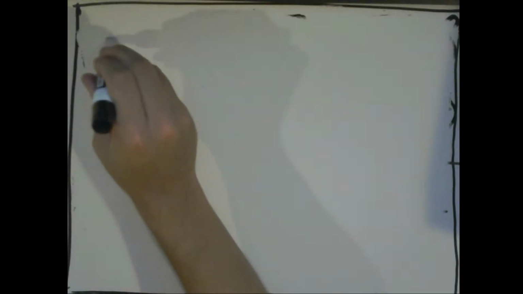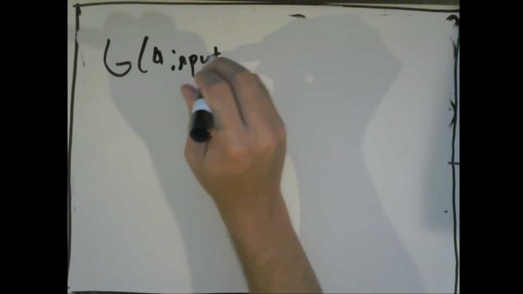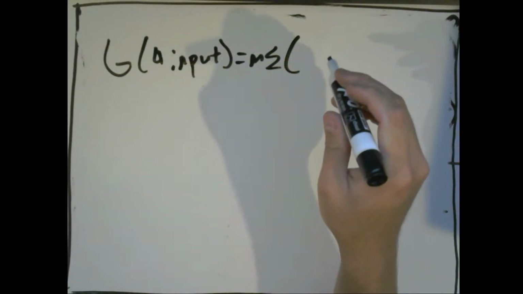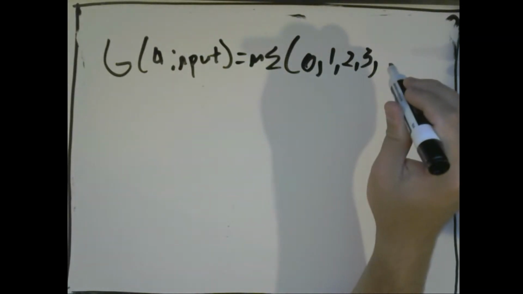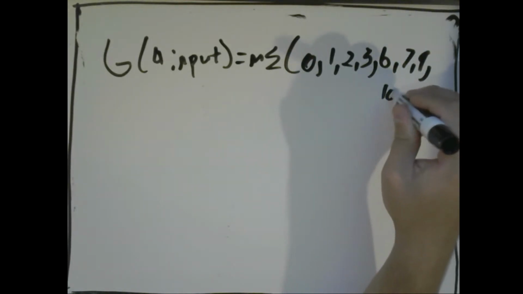So let's do POS. Kind of K-map looking thing. So remember we had G, and G is 4 input. It was 0, 1, 2, 3, 6, 7, 9, 10, 13.